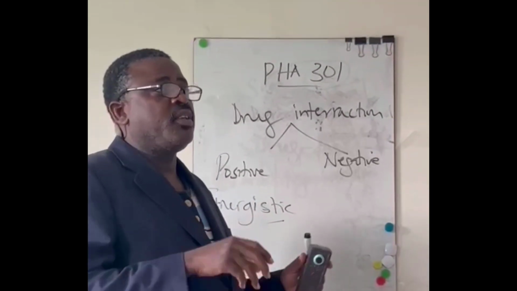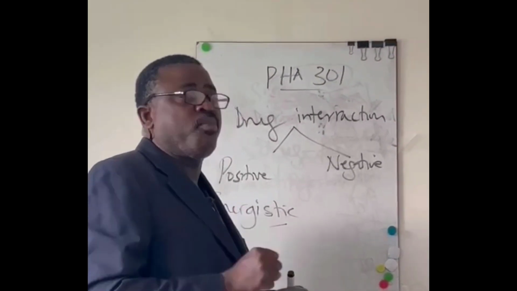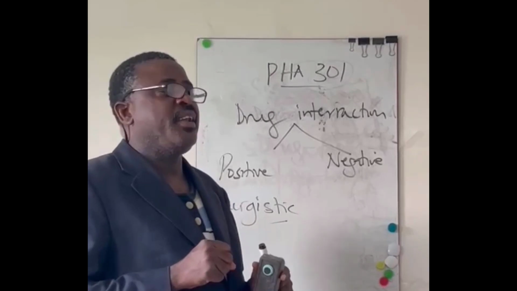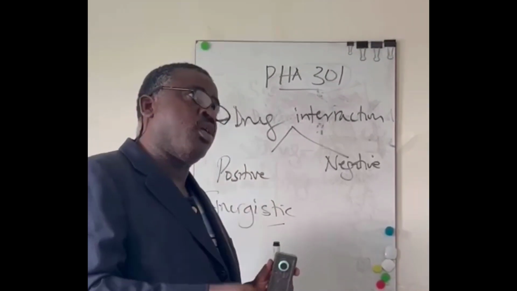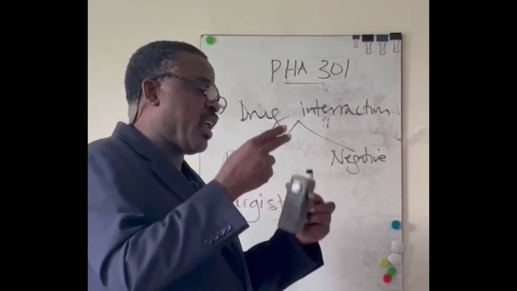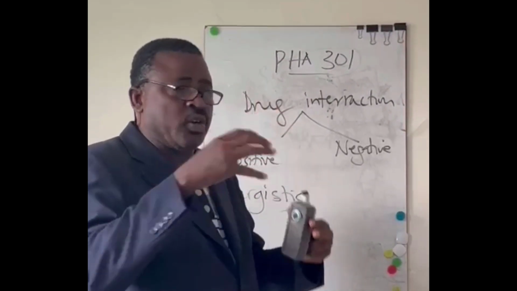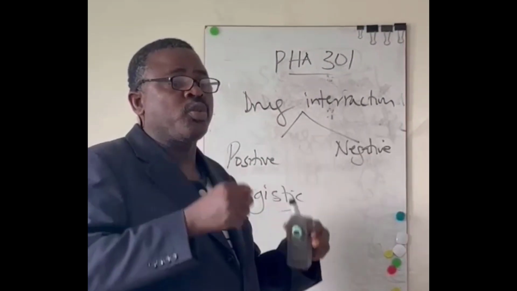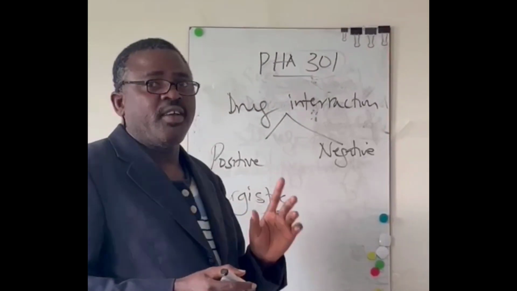They called them bullets, the big guns. They work together. Ceclopen, which is procaine penicillin, and Streptomycin: when you take them together, they activate the action of each other and produce maximum effect. That one is what we call synergistic interaction.